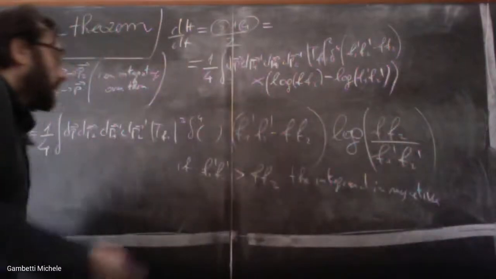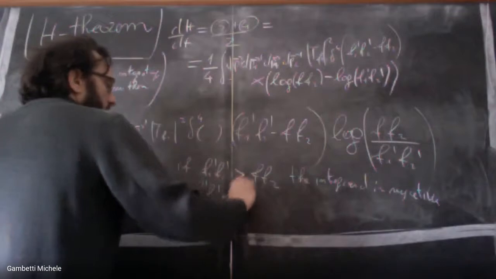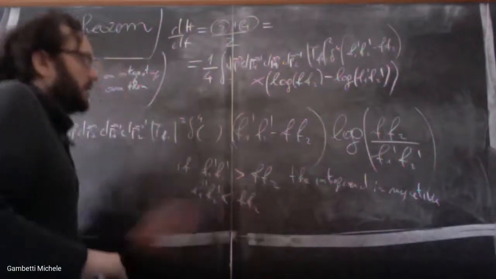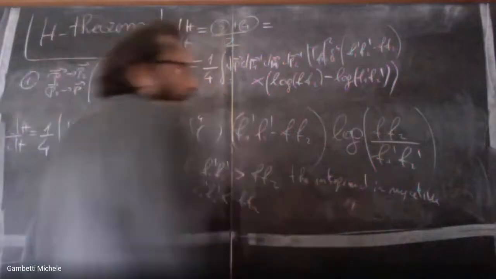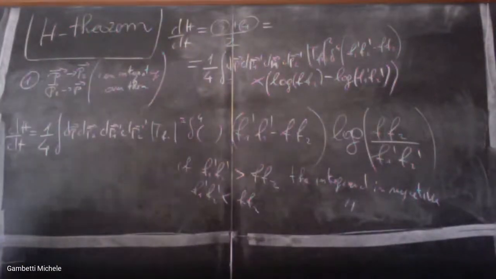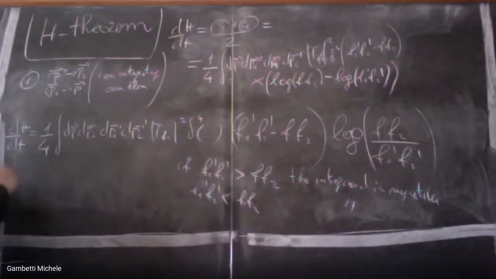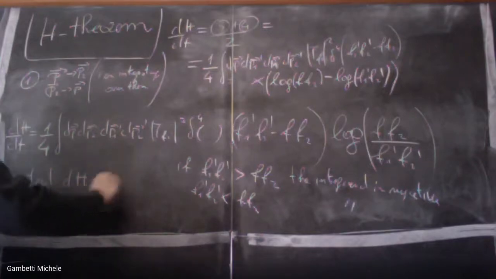And similarly, if f1 prime f2 prime is less than f2, this is negative, but this is positive. And so this is again negative. So indeed, what we get is that dh/dt is less than 0.